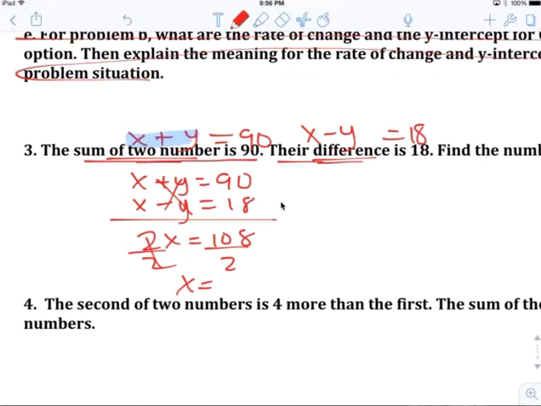Okay, if x is 54, let's do this one. x plus y equals 90.